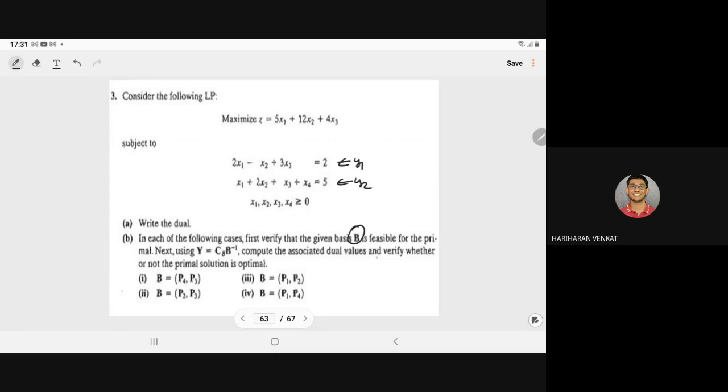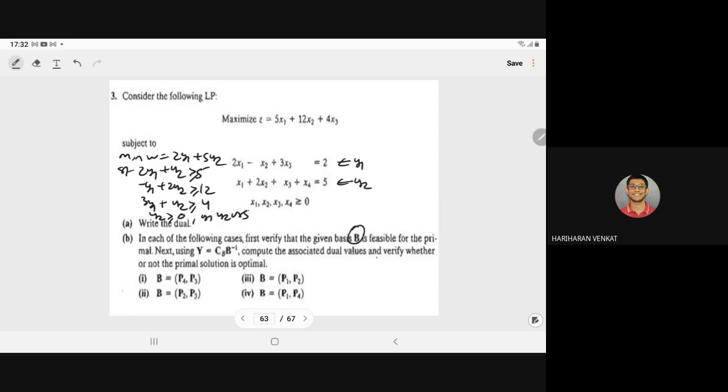So the dual will become minimize w is equal to 2y1 plus 5y2, subject to 2y1 plus y2 greater than or equal to 5, minus y1 plus 2y2 greater than or equal to 12, and 3y1 plus y2 greater than or equal to 4, and y1, y2 are urs.